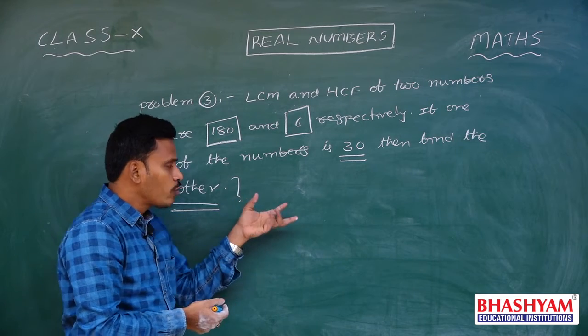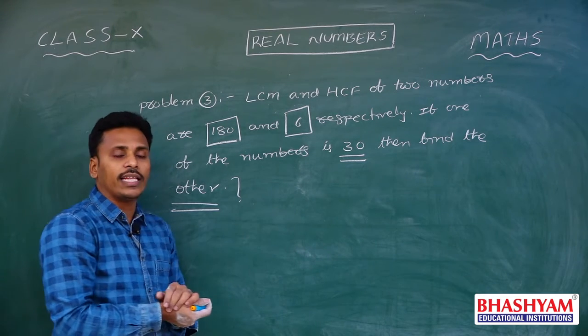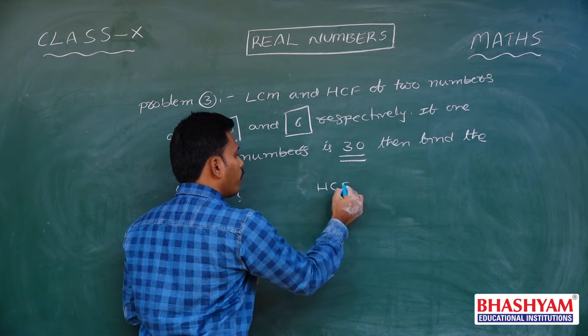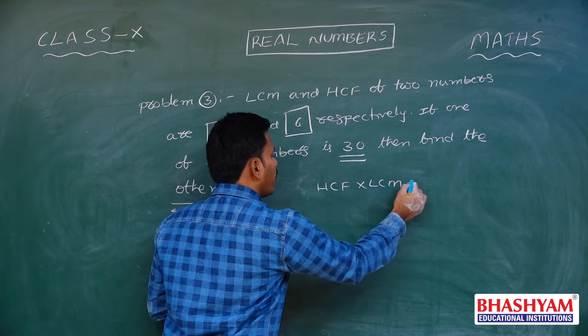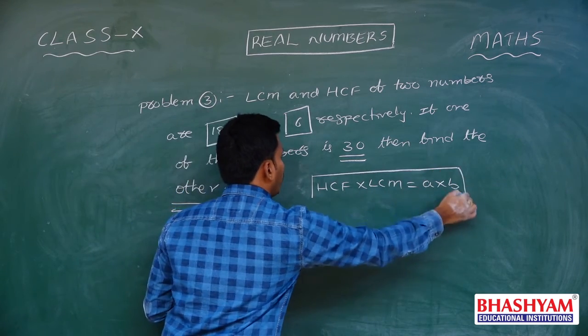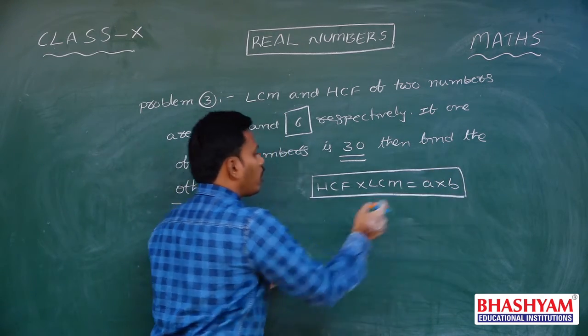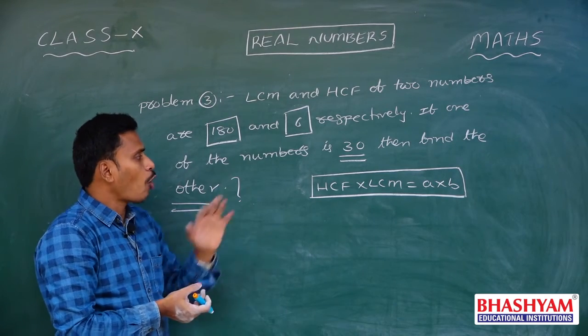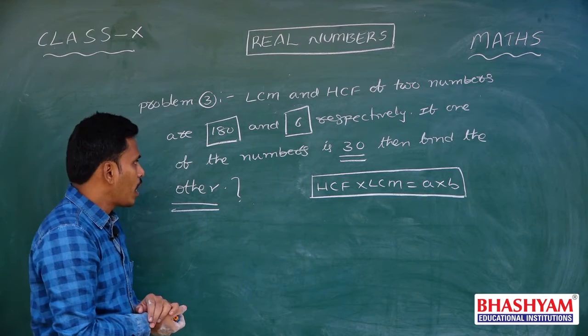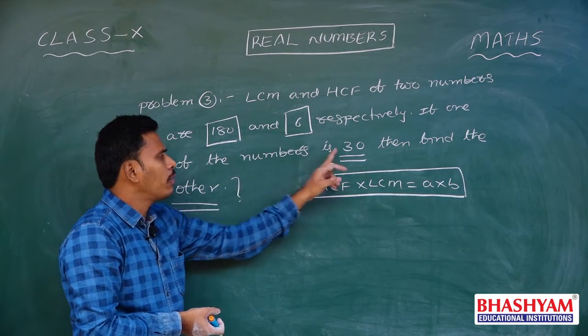We just observed a relation between the LCM and HCF along with the numbers, that HCF into LCM is equal to the product of two numbers, and this relation works only for two numbers, right? And here the problem involves only two numbers, so it is acceptable to use. Now I have only one number, which is 30.